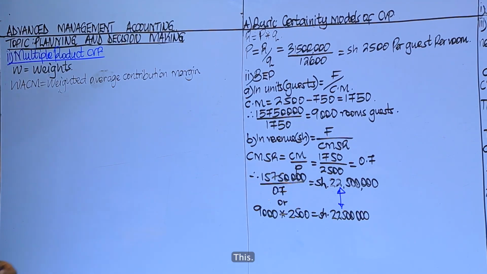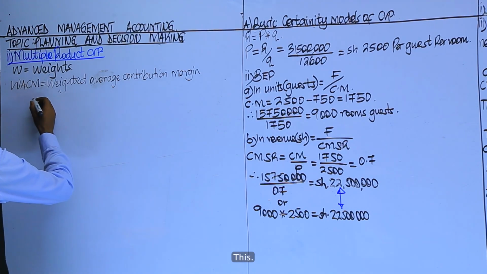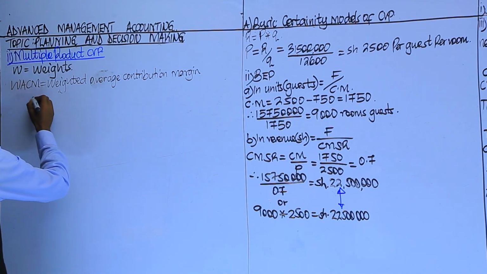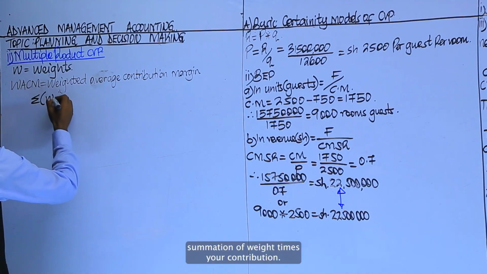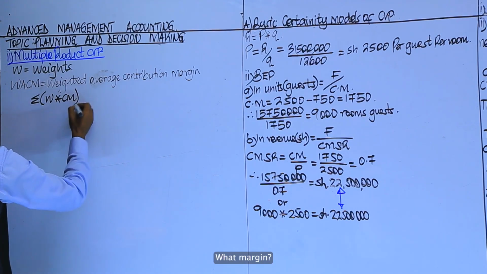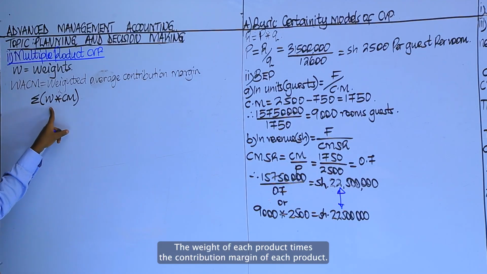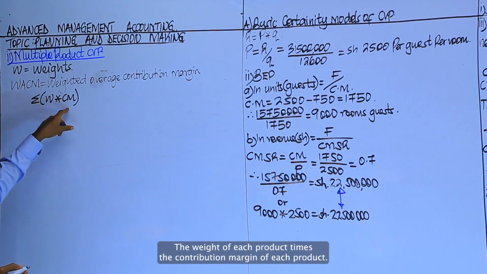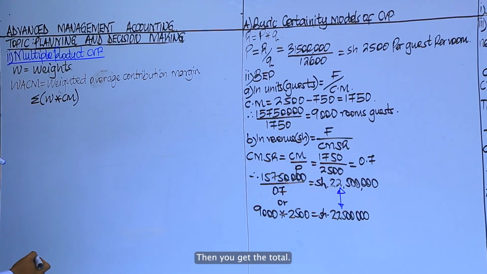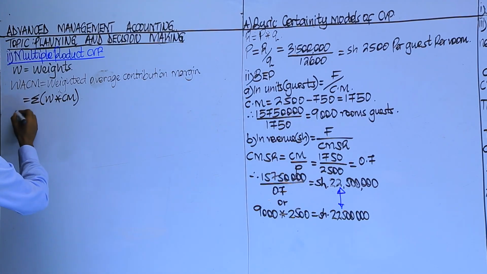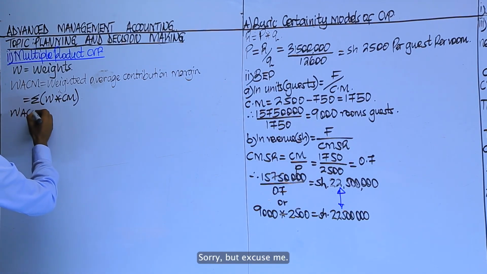Let me write this. It is the summation of weight times your contribution margin. The weight of each product times the contribution margin of each product, then you get the totals.